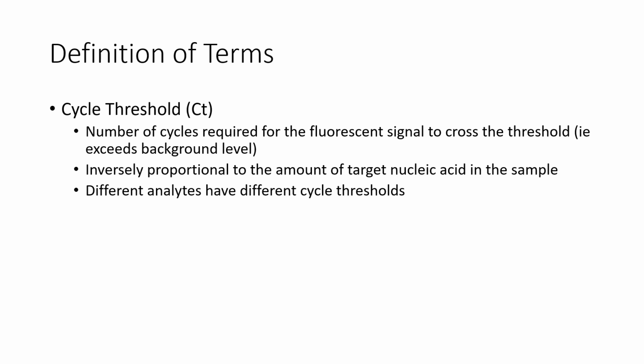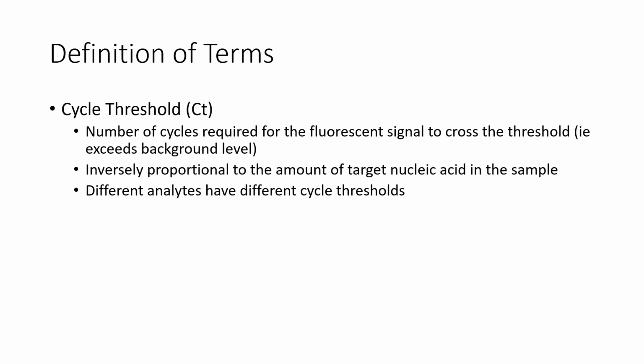That's equivalent to having a low cycle threshold value. For example, if you have to zoom a lot more, let's say 180%, it means that the item on the screen was small to start with. So that's the comparison.